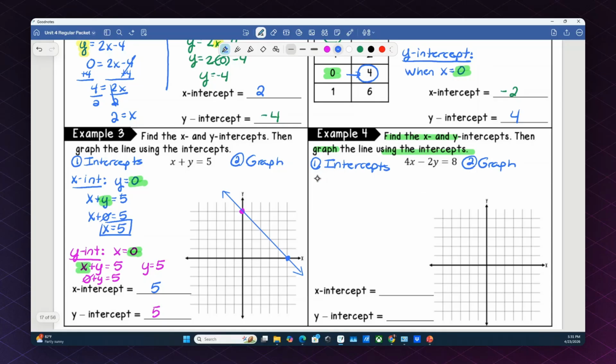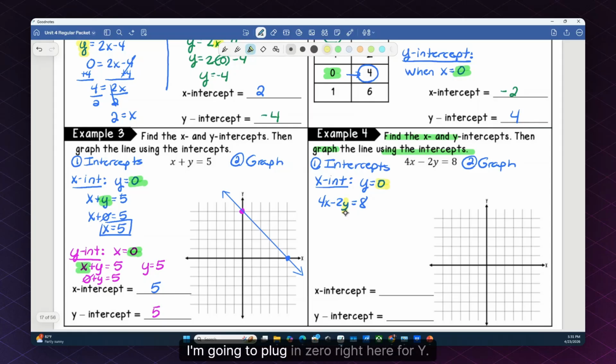Okay, so we're going to find our x-intercept first. You could have started with y-intercept, but I started with x because it comes first in the alphabet. So remember, our x-intercept is when y equals 0. If I take my equation, 4x minus 2y equals 8, and y is 0, I'm going to plug in 0 right here for y.